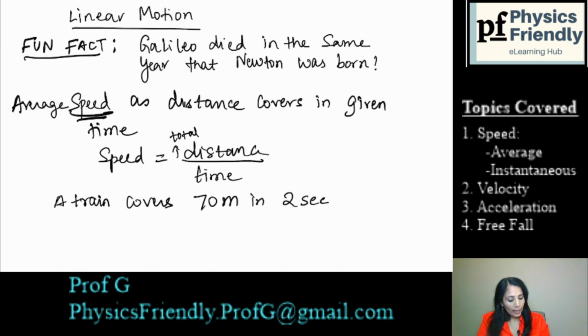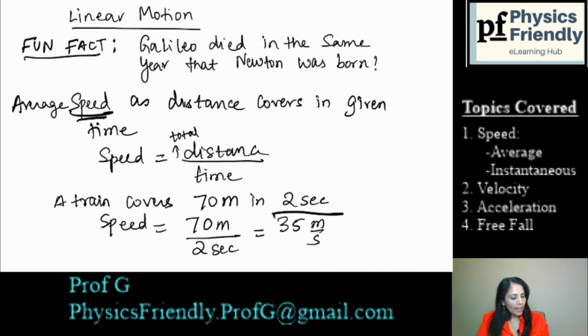If I have to calculate speed, then this would be 70 meters over time, which is 2 seconds. So then we'll come up with 35 meters per second as the average speed for the train.